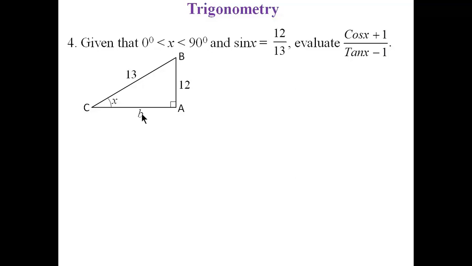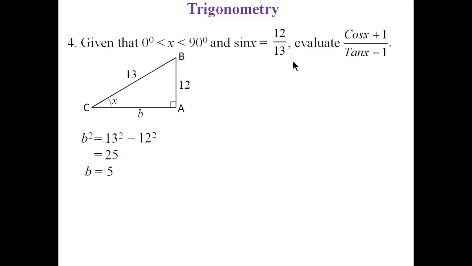Call this side B. So this side B needs to be calculated. To calculate this, we shall use Pythagoras theorem. So we have B squared is 13 squared minus 12 squared. So from our calculator, B squared is 25 and B is equal to 5.